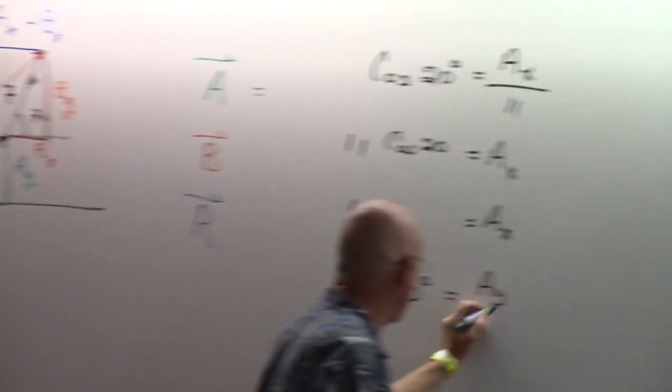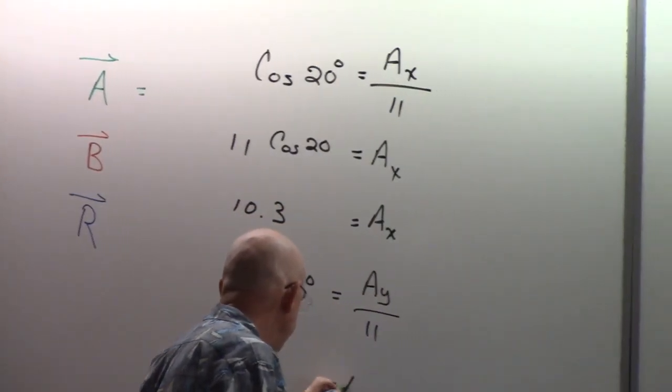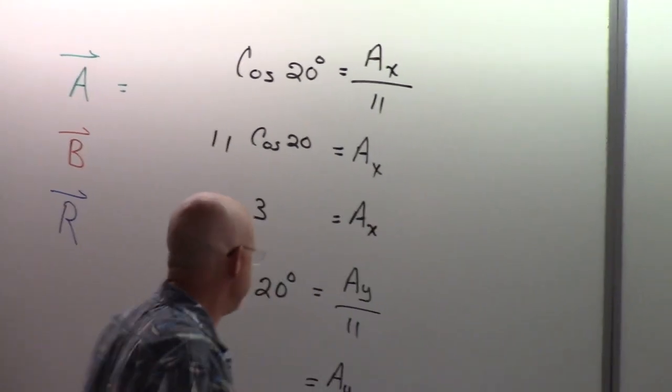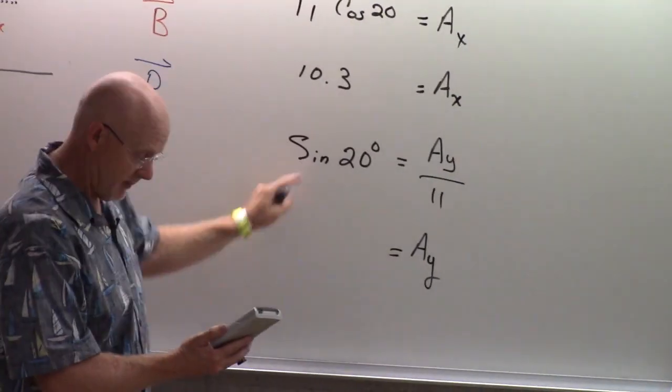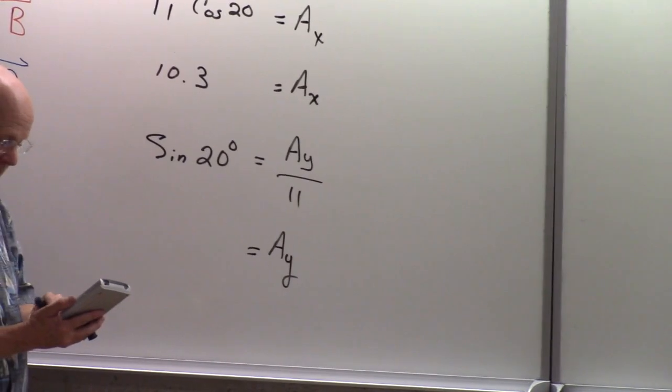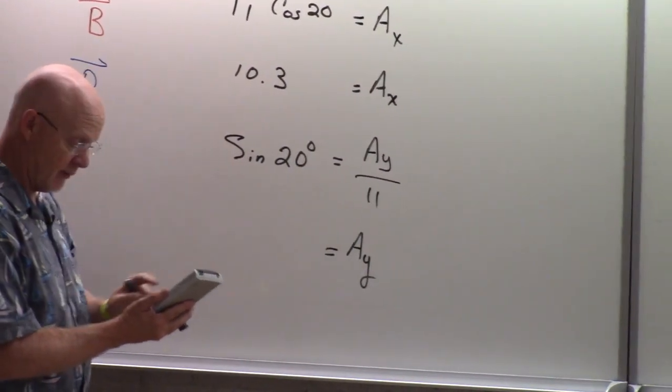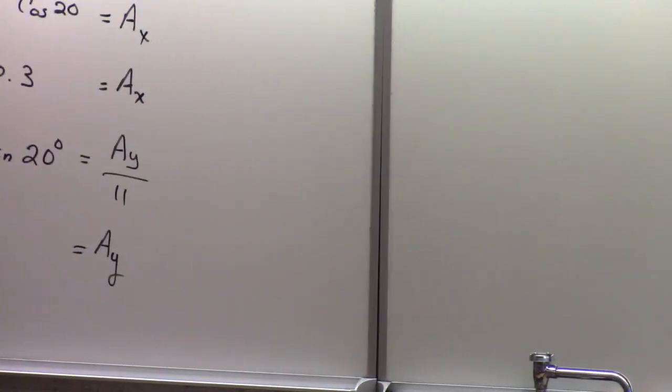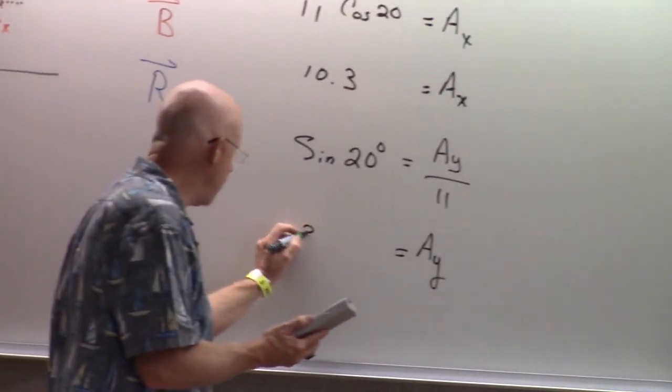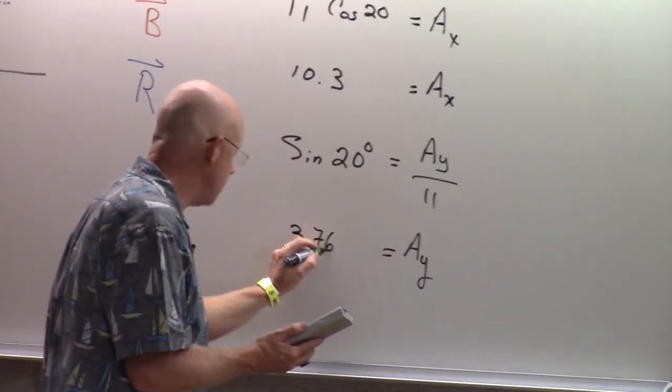So AY over 11. And so let me just take my calculator and go sine of 20, and then times 11, and I'll save a step by not writing it out, but I'll get 3.76.